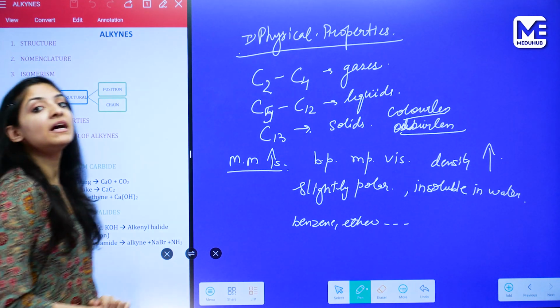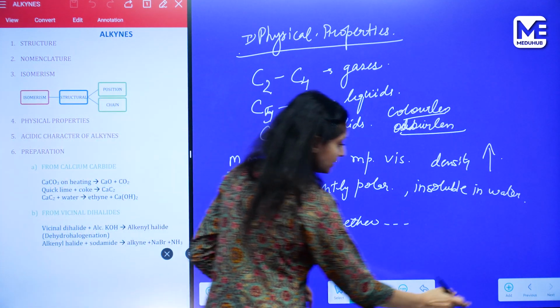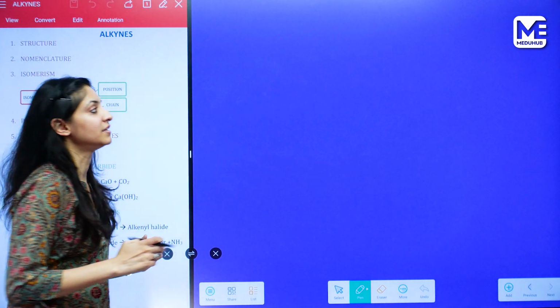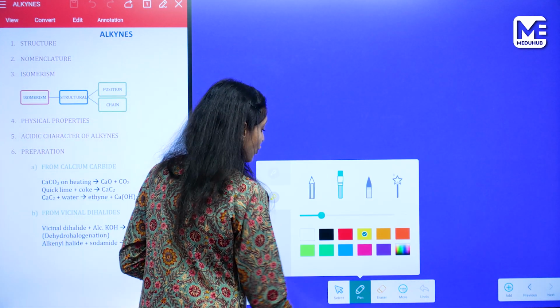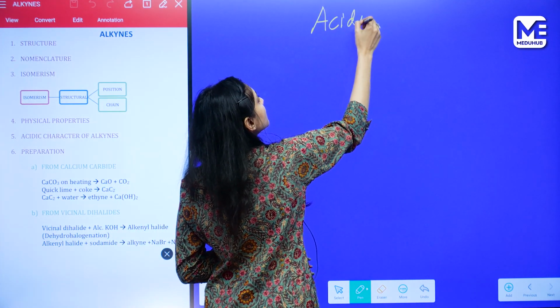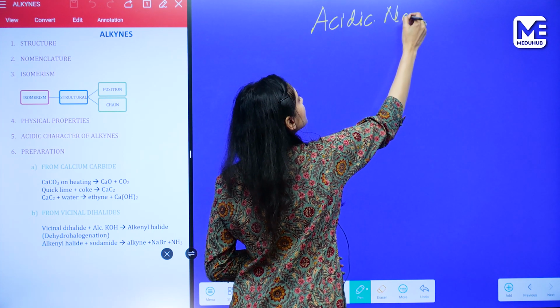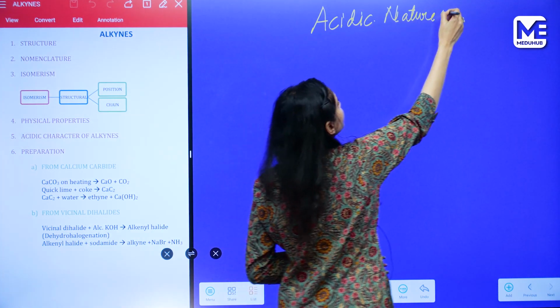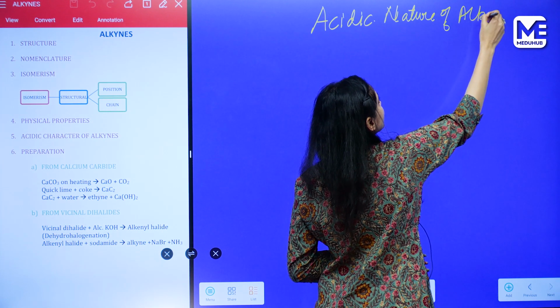Now we have to talk about the acidic character, which is very important. Why is it that alkynes are acidic in nature? There are a few reactions which are observed in the case of alkynes. Acidic nature of alkynes.